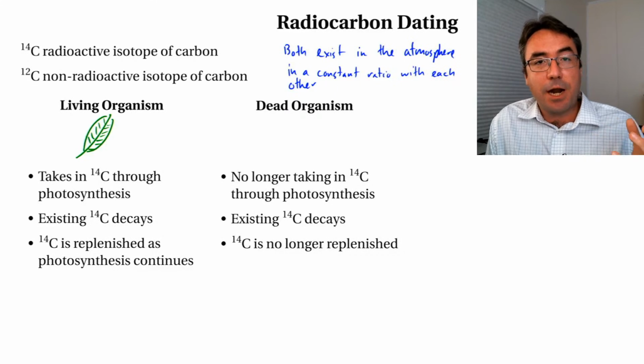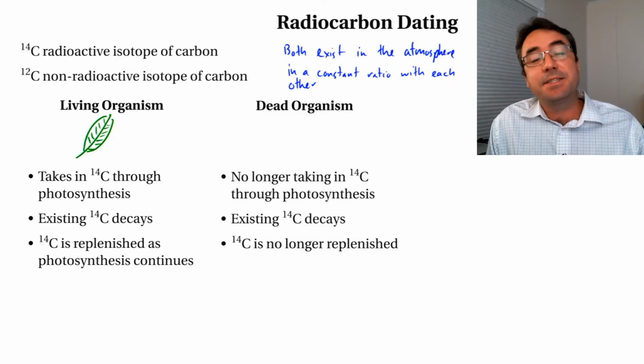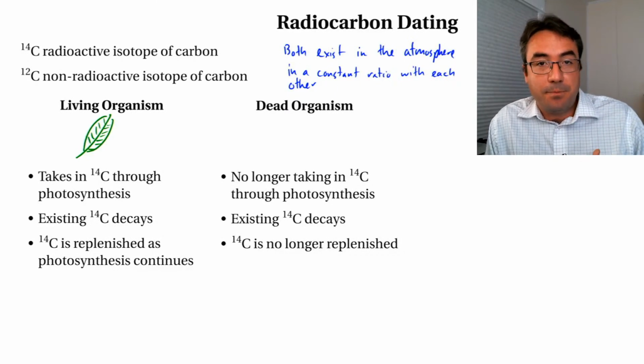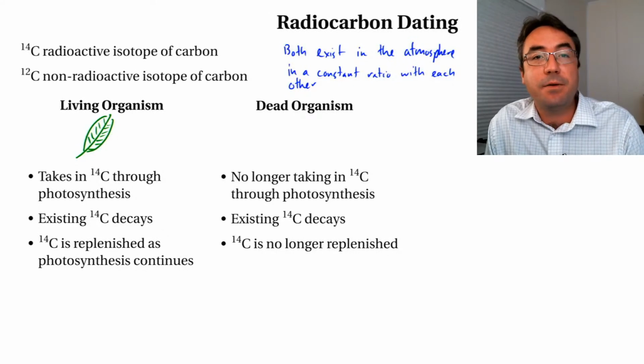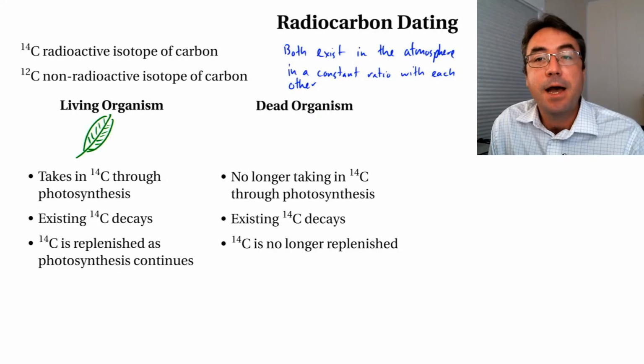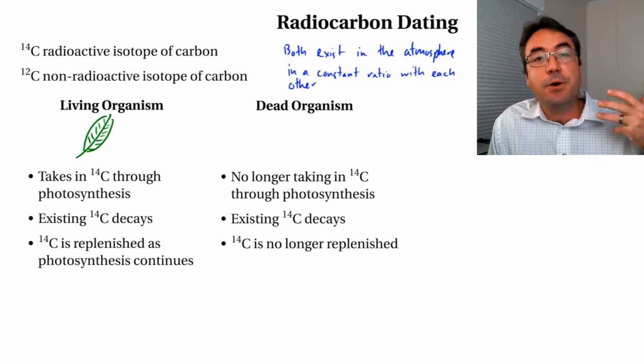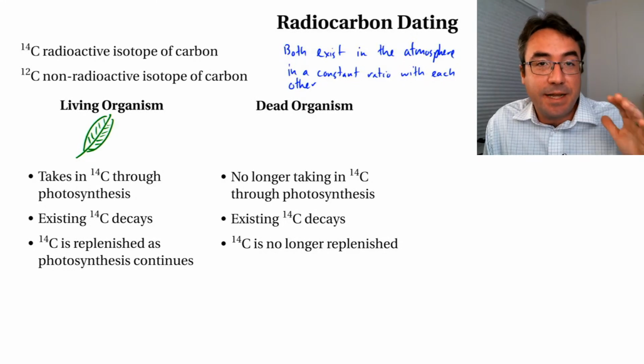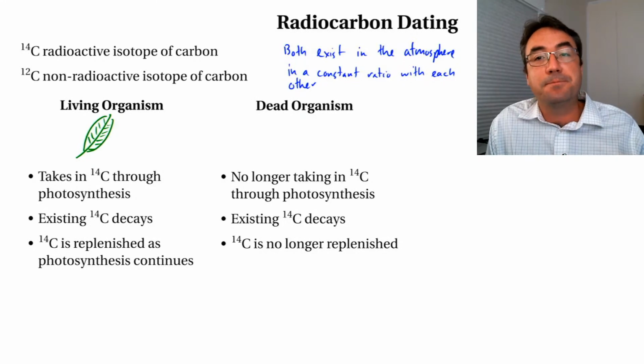Now the carbon-14 that it takes in decays. So the carbon-14 that's already there starts decaying. But because this is a living organism and it's continually going through photosynthesis, it replenishes that carbon-14 that's decaying with new carbon-14.